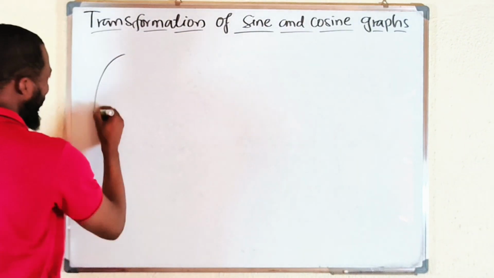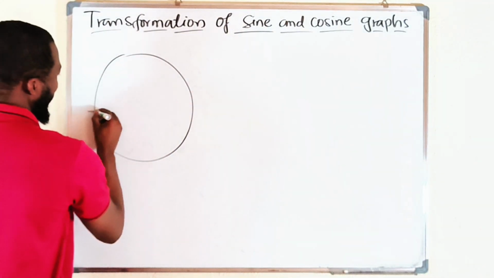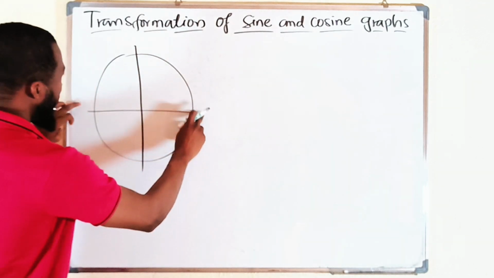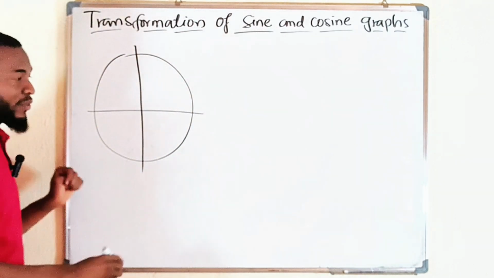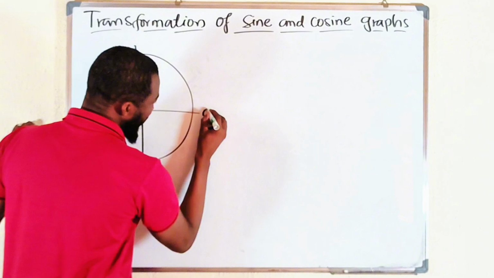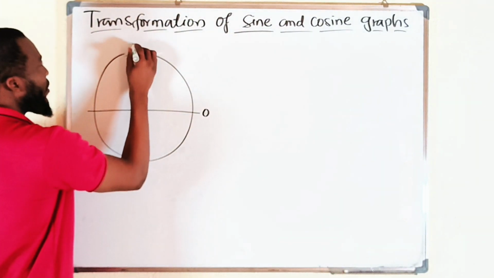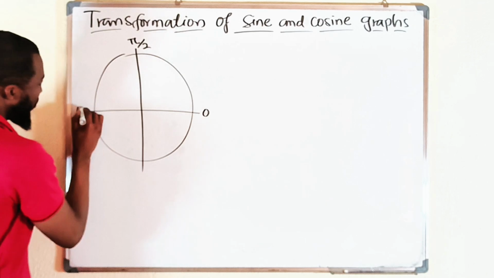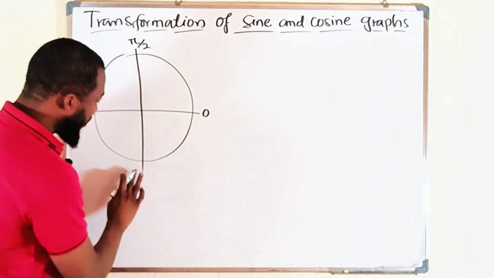So here is my unit circle. I'm going to use only these 5 angles. We have 0 here. If you come down here, you have pi over 2 or 90 degrees. This is pi or 180 degrees.